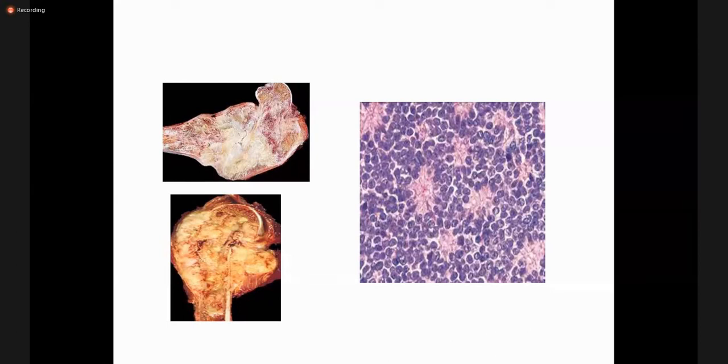And if it is equal to or more than 8 centimeter in greatest dimension, then it has an unfavorable prognosis. Then again, if the tumor is non-metastatic, then it has a favorable prognosis. And if the Ewing sarcoma is a metastatic one, then it has an unfavorable prognosis. Then there is necrosis, which predicts the long-term outcomes for the excised specimens.